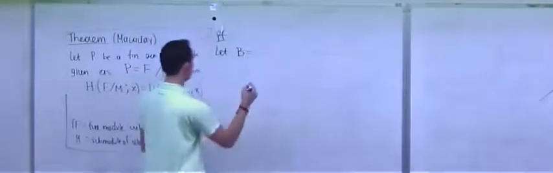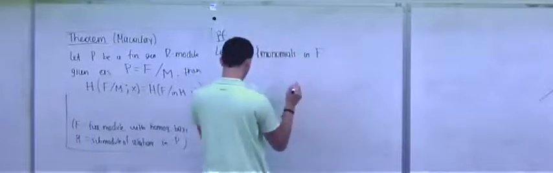Let B be the set of monomials in F which are not in the submodule generated by the initial terms of M.